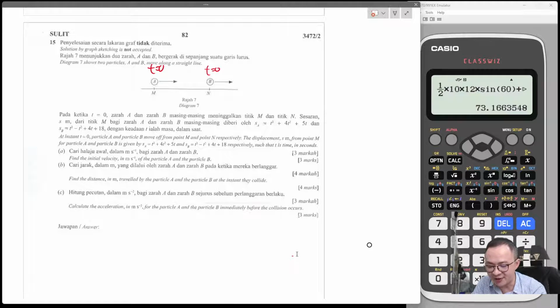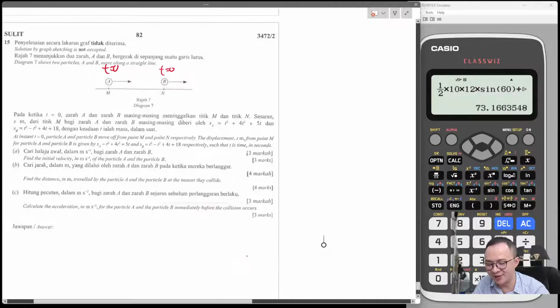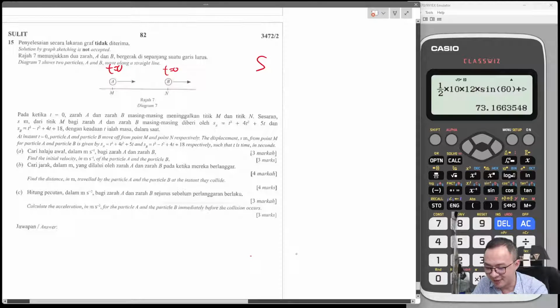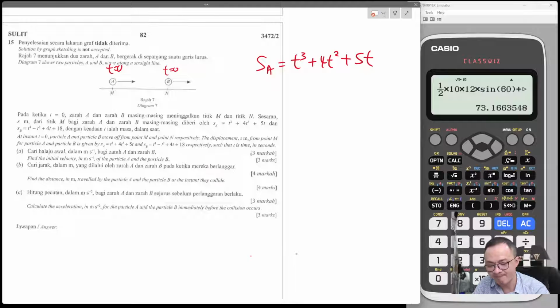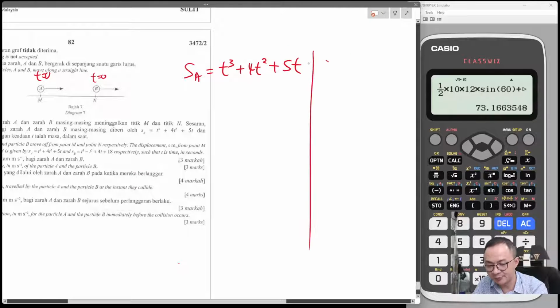Find the initial velocity of particles A and B. This one is very easy. So I write down this one: t cubed plus 4t squared plus 5t. Another one will be t cubed minus t squared plus 4t plus 18.